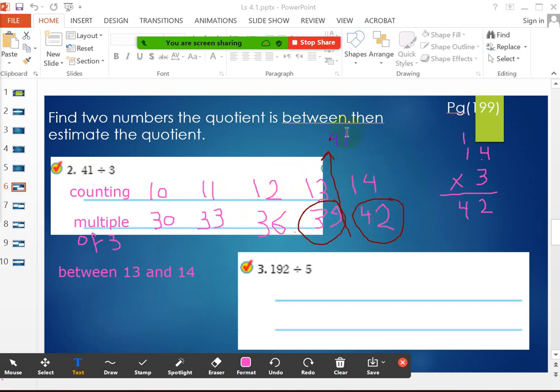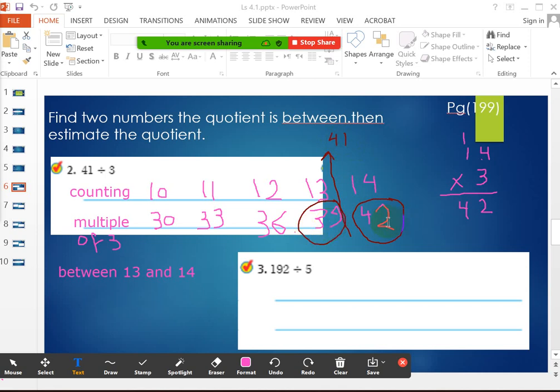But is 41 close to 42 or 39? Look, who will tell me? Girls, again, look, between 41 and 42 there is just one number, but between 41 and 39 there are two numbers.